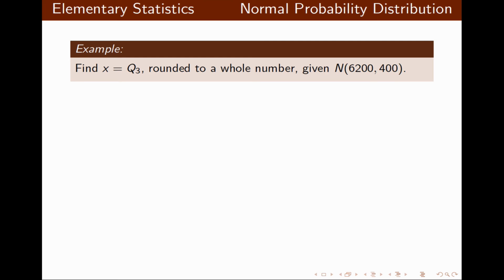In this example, we want to find x equal to Q3, the third quartile, rounding it to a whole number, given that we have a normal distribution with the mean of 6,200 and a standard deviation of 400.